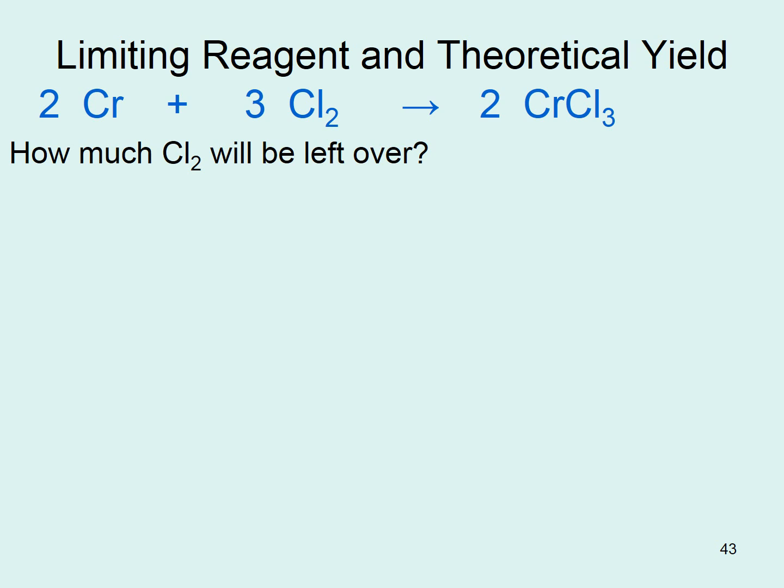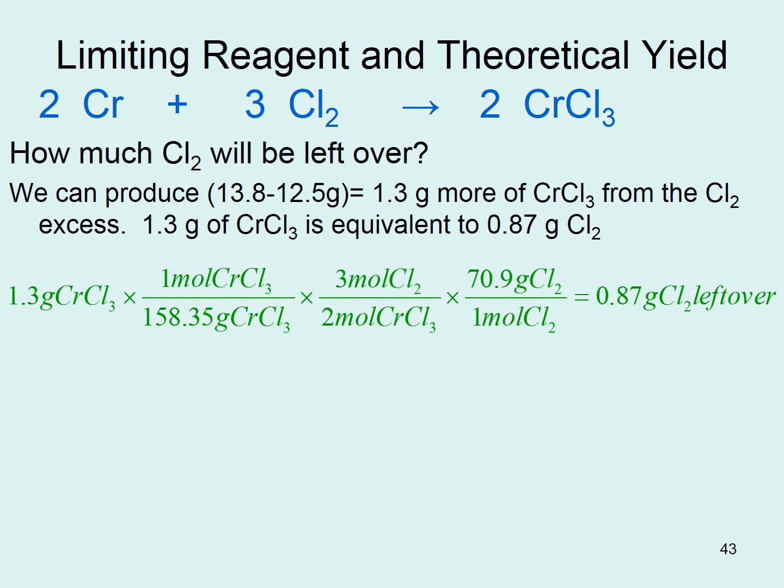So remember from the last slide that we figured out how many grams we could make. Chromium was the limiting reagent. Here's the second method that I was talking about. We can produce 13.8 grams using up the chlorine gas.